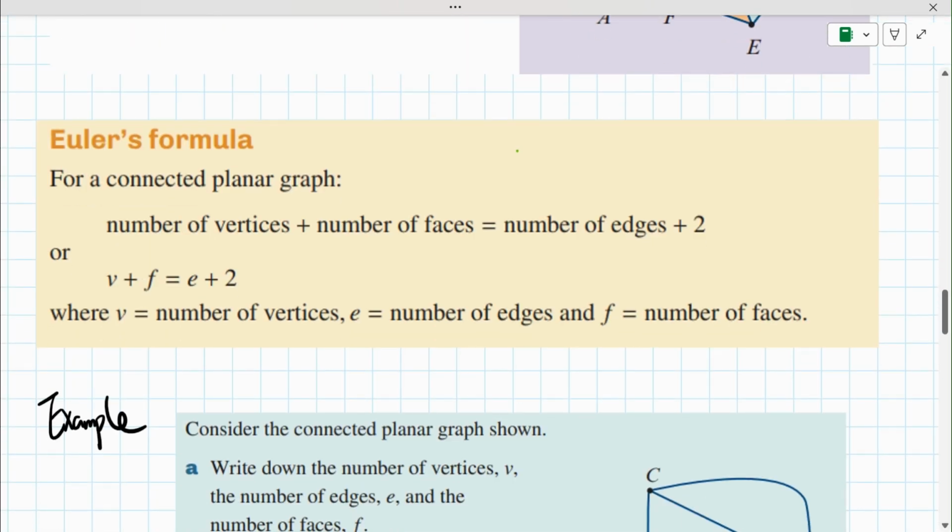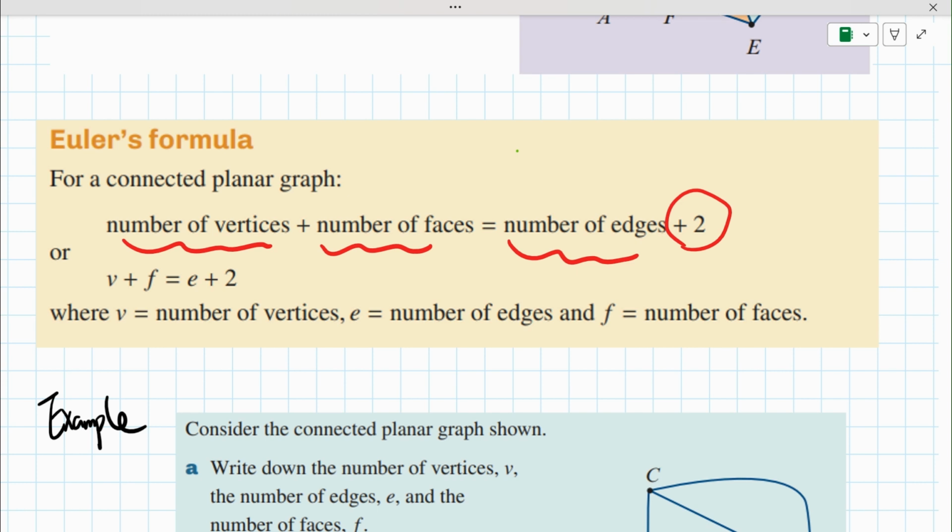Euler's formula, make sure you put this one into your bound reference: the number of vertices plus the number of faces equals the number of edges plus 2.